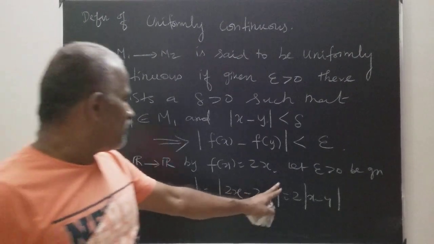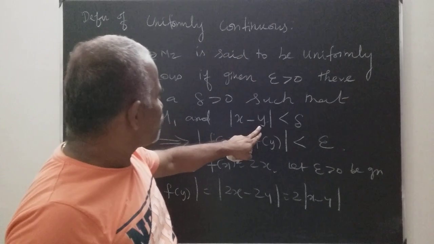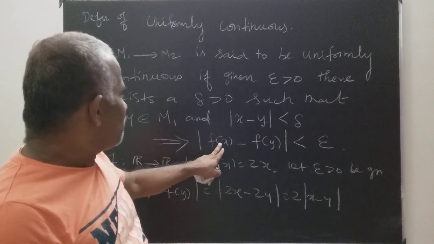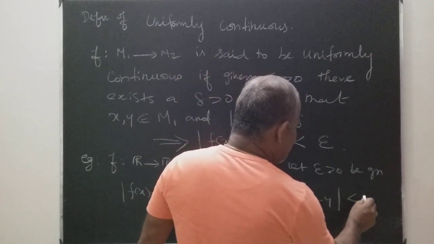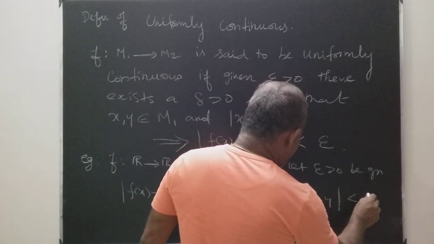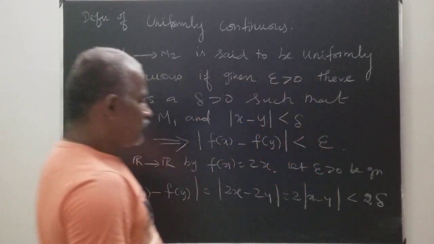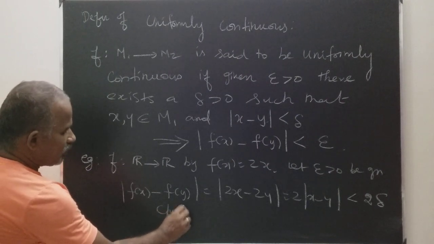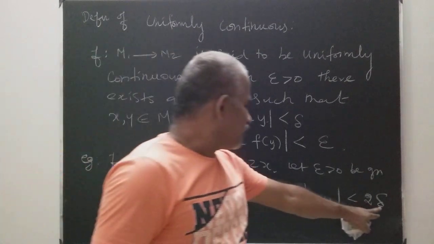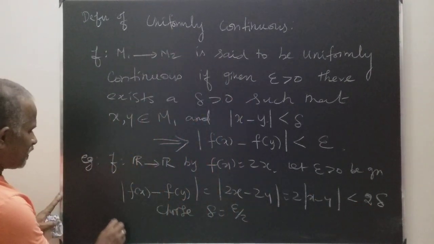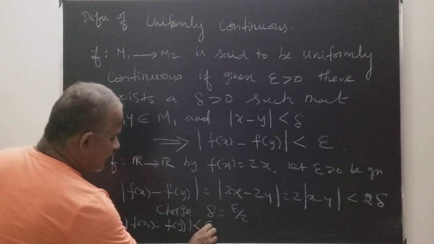Whenever modulus of x minus y is less than delta, this is less than 2 times delta. So choose delta equal to epsilon by 2. So this becomes modulus of f of x minus f of y is less than epsilon.